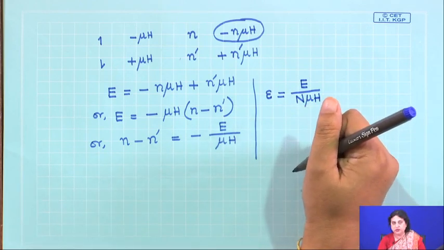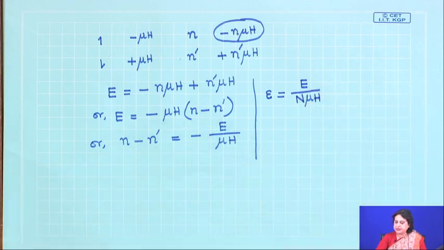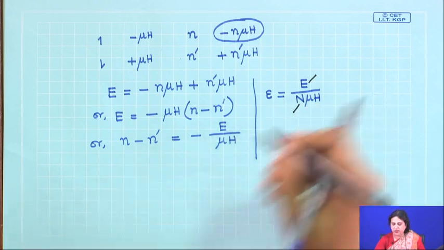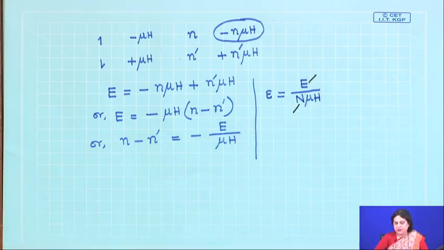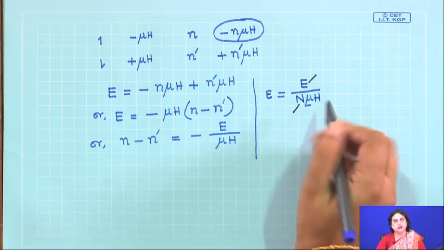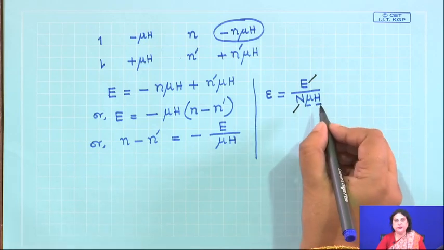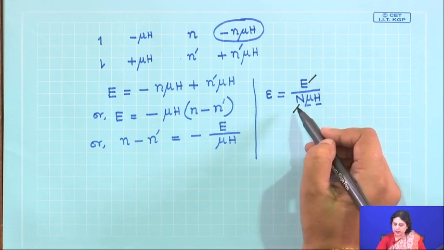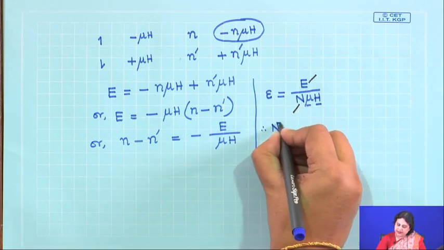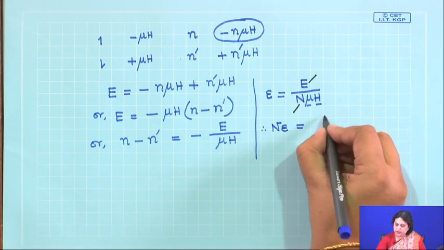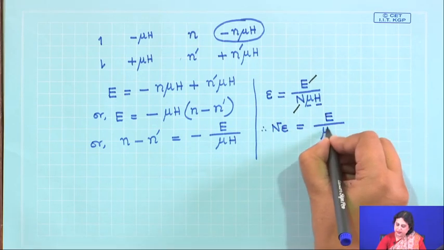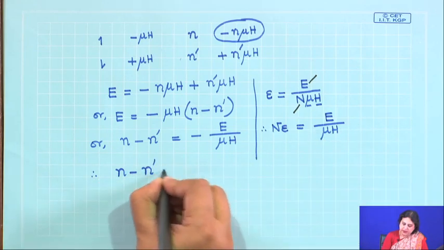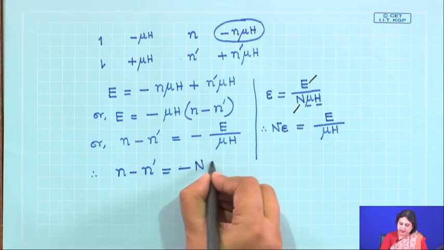Therefore, if you fix the macroscopic state of the system by specifying the value of E and the value of capital N, and by the design of the system, mu and h are given constants, then epsilon is also a function of E and capital N. Therefore, I can very easily write that N epsilon is equal to E by mu h. Therefore, this equation turns out to be small n minus n prime equal to minus N epsilon.